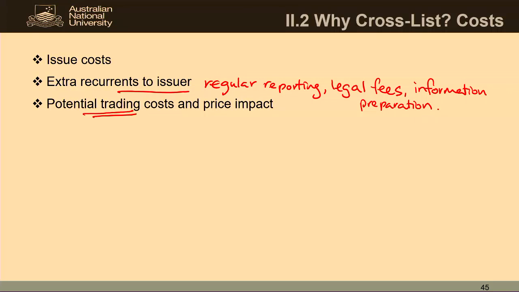On the downside, if things don't go well, it's going to have a price impact. That means you could suffer a drop in price. In what cases would you think this could happen?